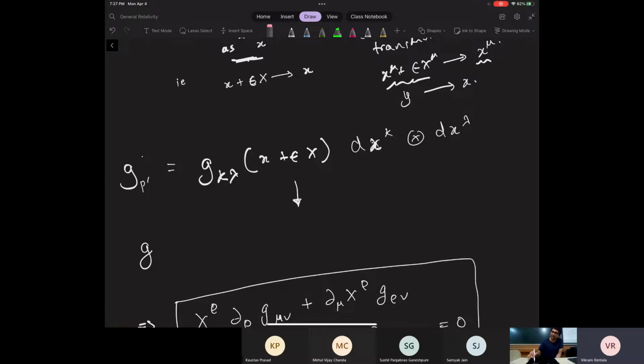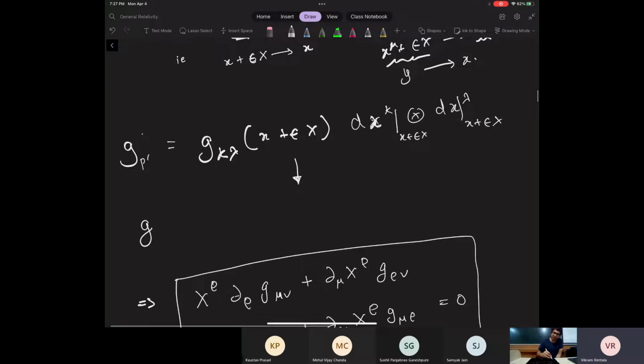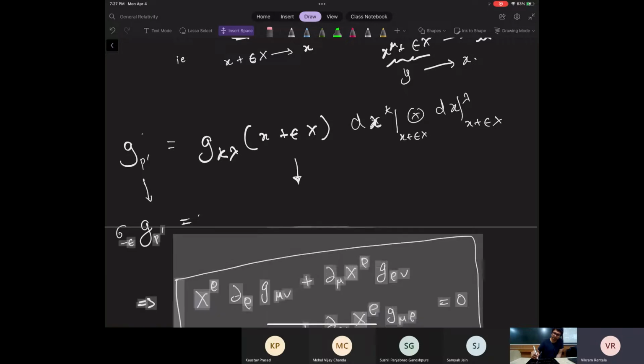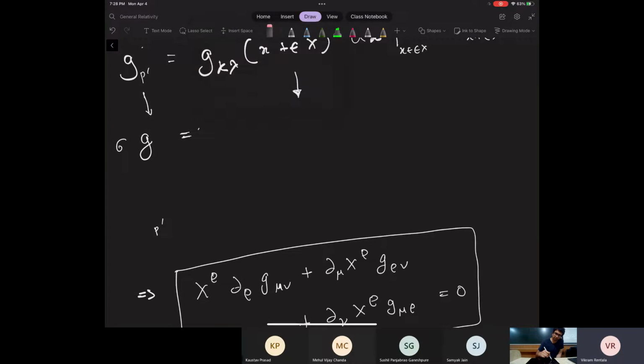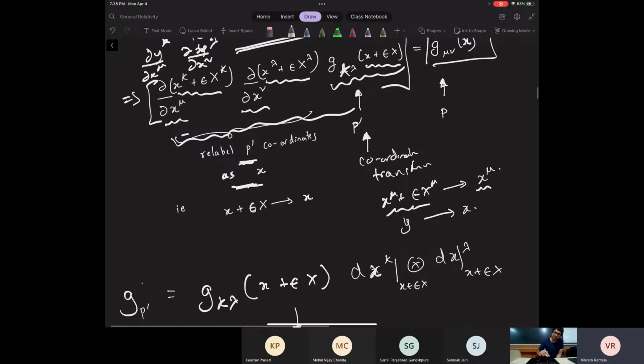This dx kappa and dx lambda are defined at the point x plus epsilon X, and this is defined at the point x plus epsilon X. Now we're changing this tensor to something which we call the pullback, sigma minus epsilon g at p prime, whose components transform under the tensor transformation law. So its components transform like this.